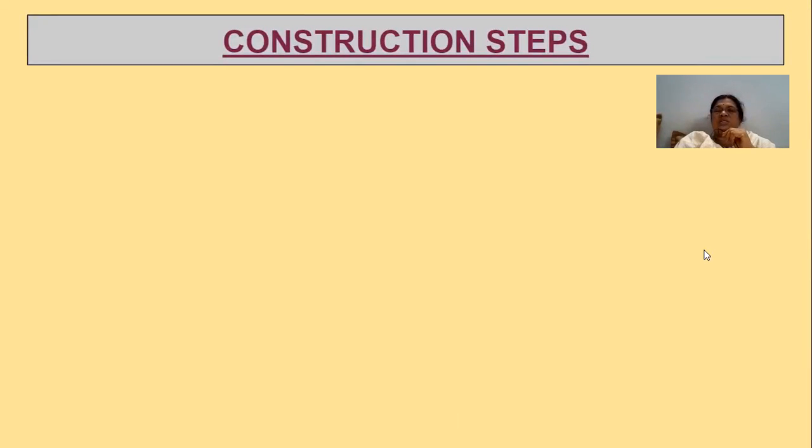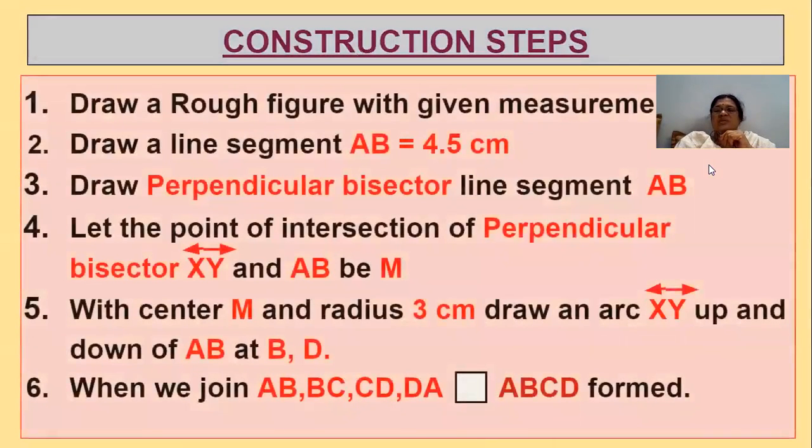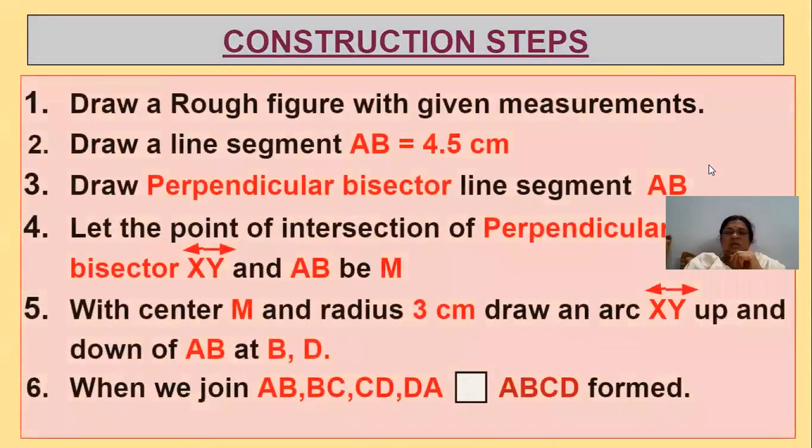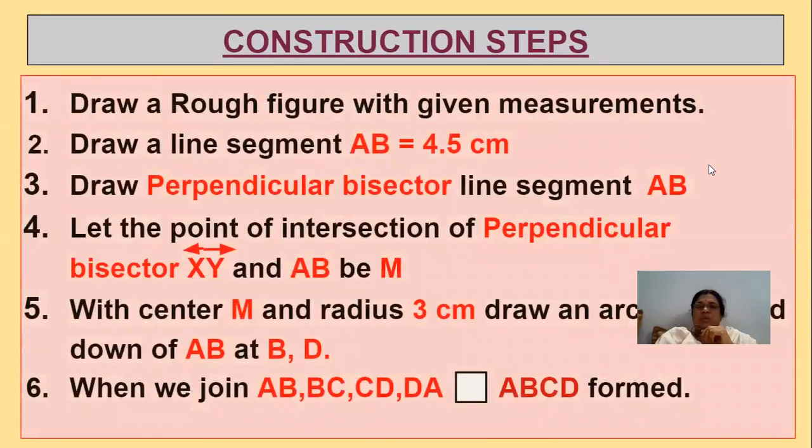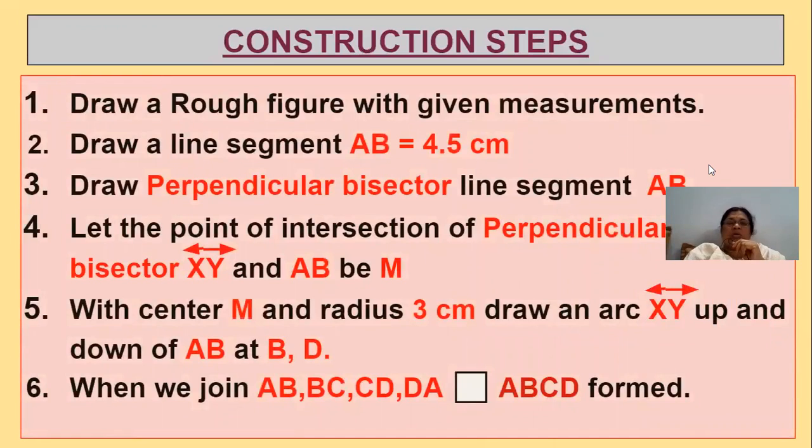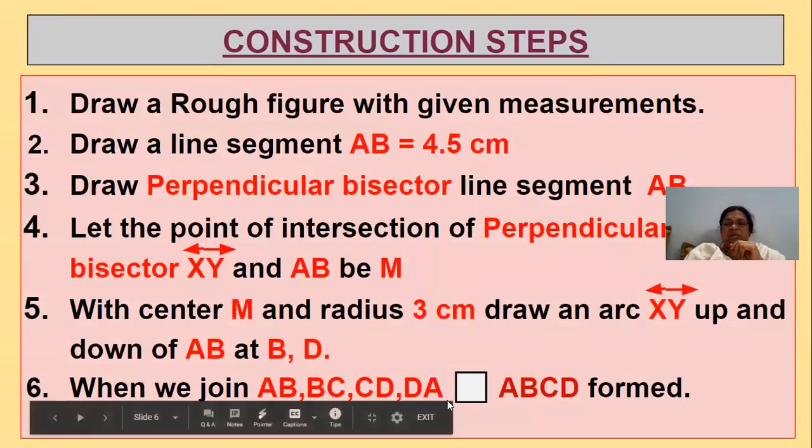Now the construction steps for the construction of the rhombus. See here. First, we have to draw a rough figure with the given measurements. Now draw a line segment AB equal to 4.5 centimeters.